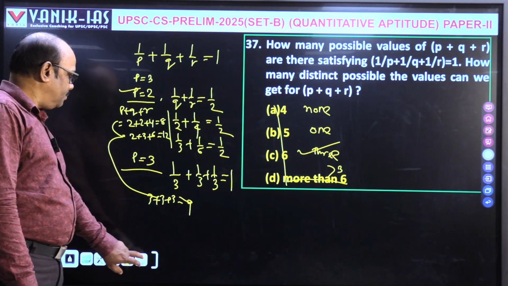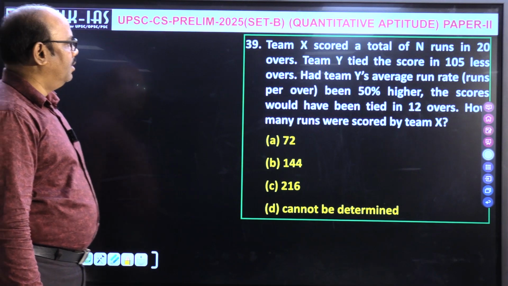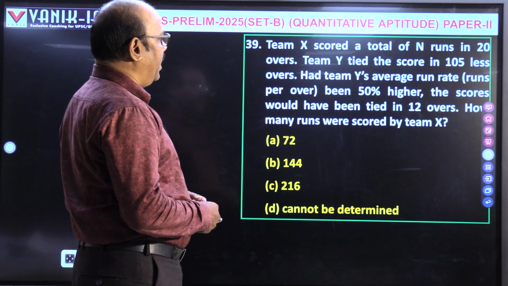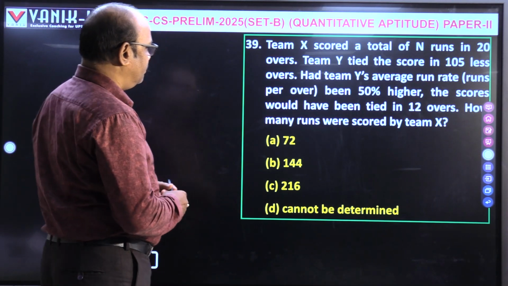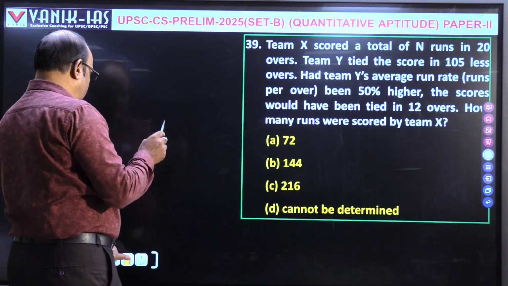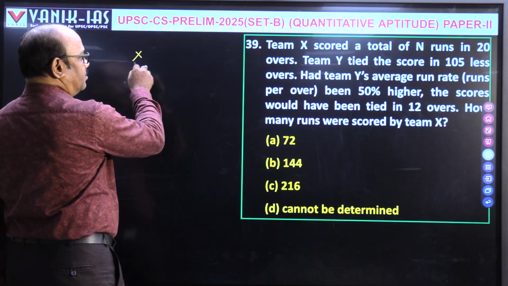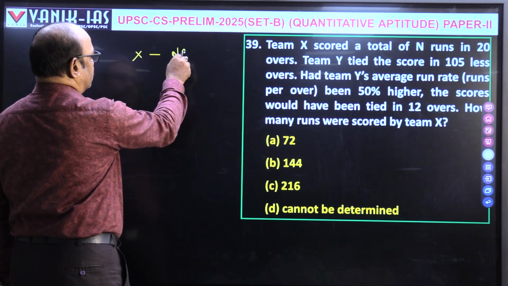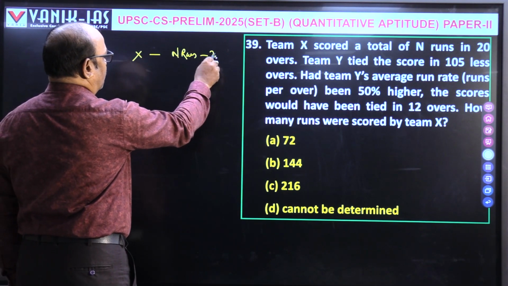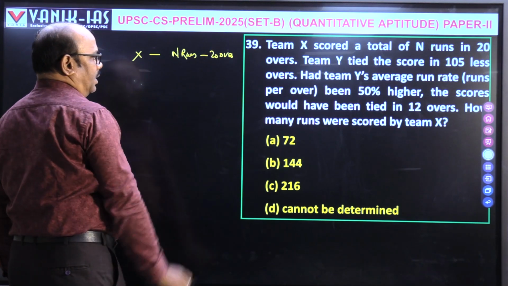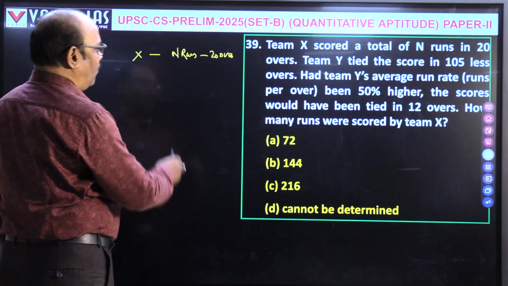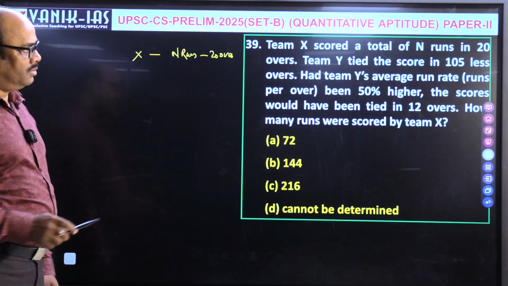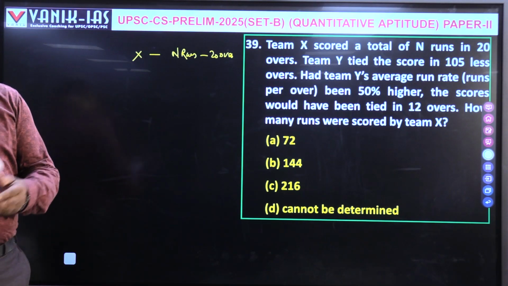Next question. Team X scored a total of n runs in 20 overs. Team Y tied the score in 10% fewer overs.